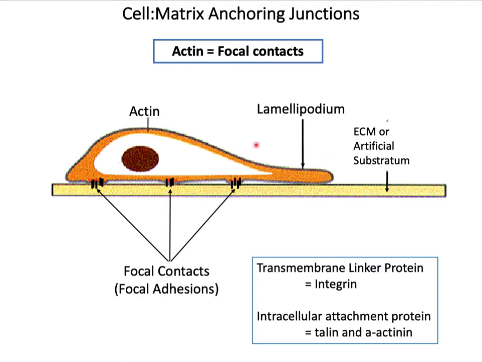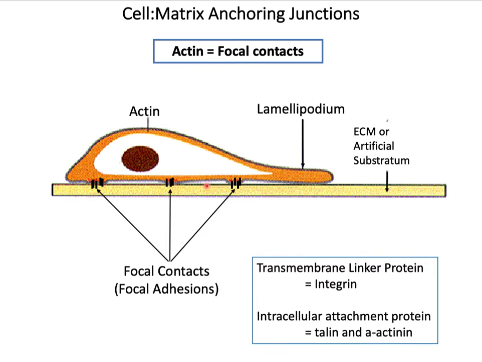And you will also remember that the cells that are motile usually have a band or a very, very large concentration of actin around the periphery of the cell. And this actin, through focal contacts, can then adhere to the extracellular matrix or to the surface of the tissue culture flask.